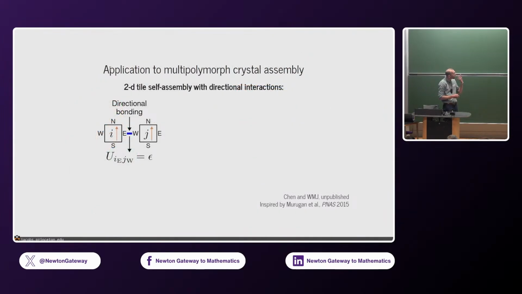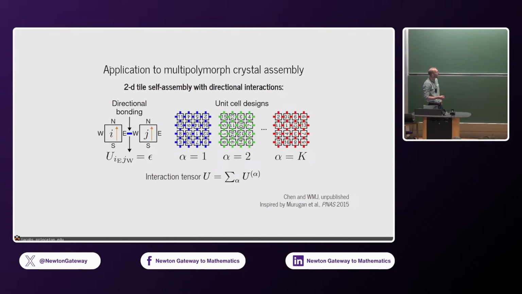Okay. So to try to see if this dynamical coexistence can actually be seen in a simulation, we turn to a slightly different model of multi-polymorph assembly. So here we're encoding structured phases as opposed to just liquid-like phases.